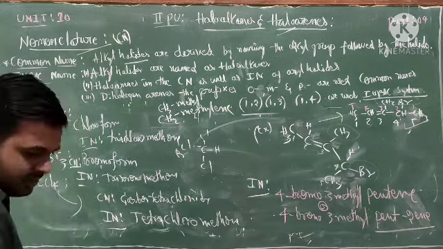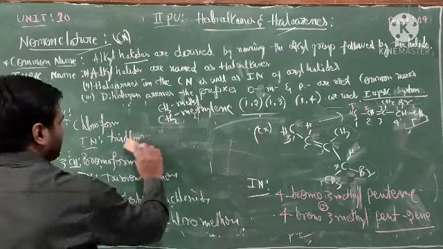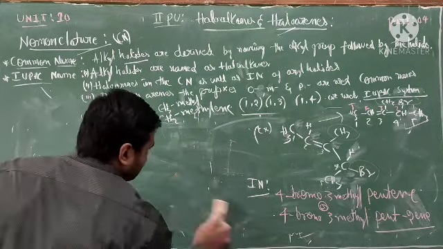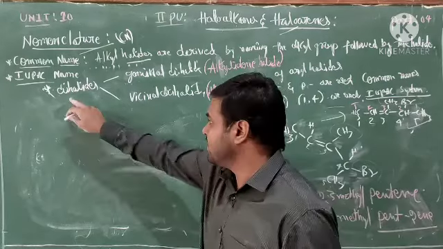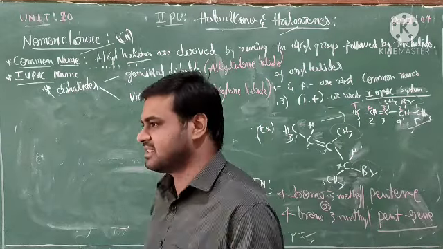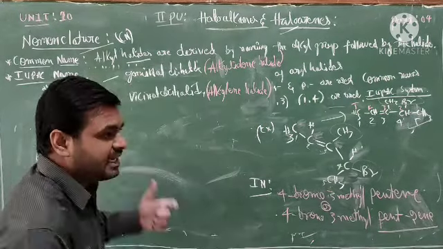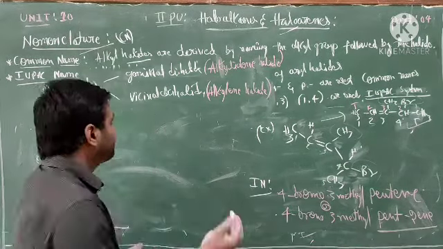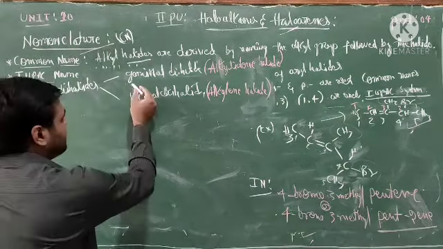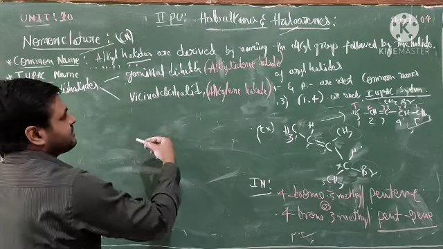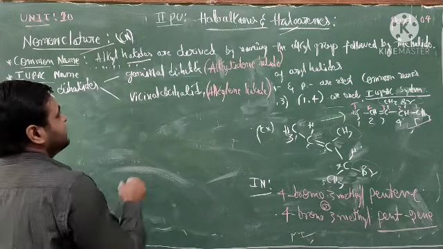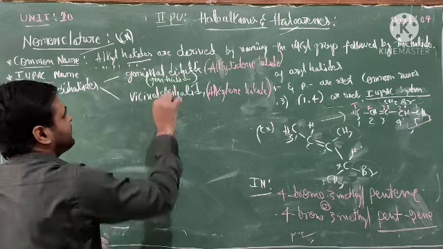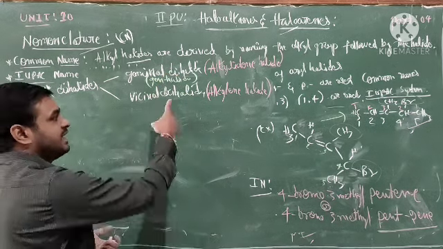Okay. So next, examples of dihalides. Okay, students. Dihalides we already discussed in the previous class. Dihalides means two halogen groups are present. In that there are 2 classifications: geminal dihalides, also called gem halides, then vicinal dihalides.